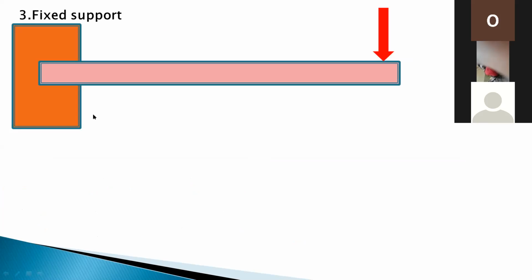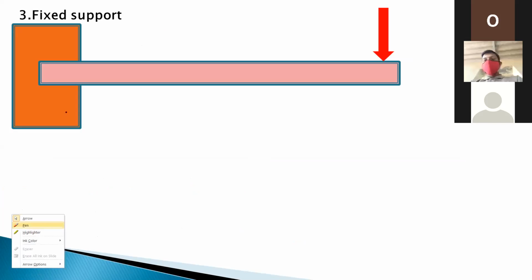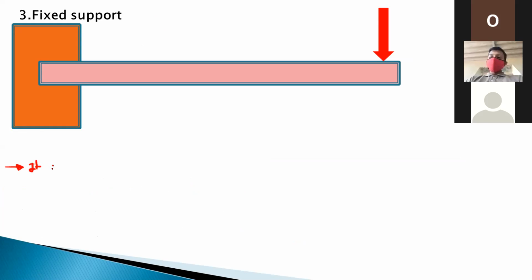And the third type of support is the fixed support. For the fixed support, it will offer three reactions.